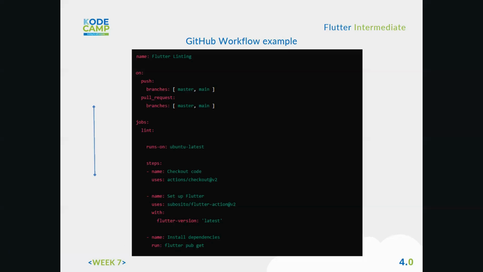So let's see. Let's see if we can actually do a test run of this. So let me just bring up a project here and see if we can do some setup. Okay, so let's see how to do this.